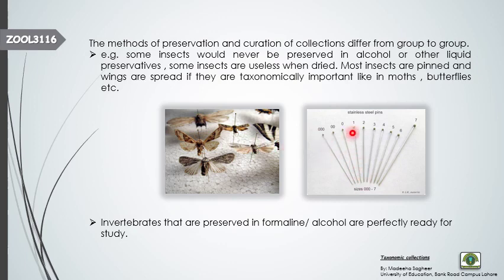These are the different sizes of pins available for the preservation of insects. And butterflies, moths, and some species of grasshopper are also pinned, like here. You can see the spread wings of the insect. Some invertebrates that are preserved in formalin are very much perfect for study. So the method of preservation differs from group to group.